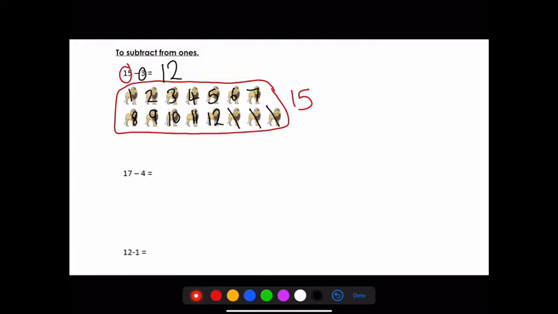Let's try 17 subtract 4. But this time we don't have the pictures to help us, so we're going to have to draw them ourselves. First, I need to draw 17 circles. This is because 17 is our whole. It's the greatest number.